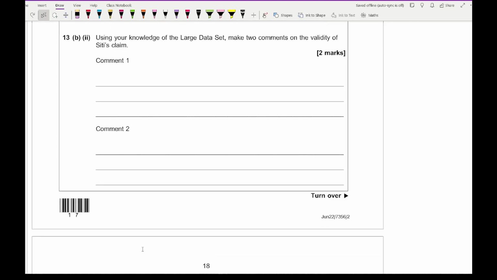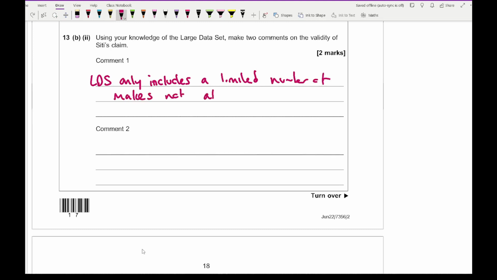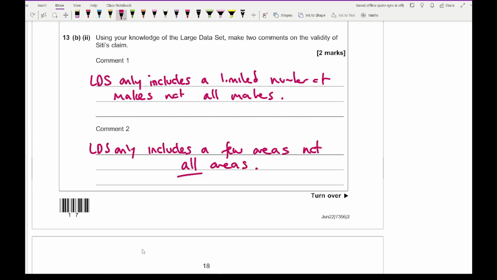Now again, there's a couple of answers you can give in terms of comparisons, depending on your memory of the large dataset, particularly this section, but something along the lines of a typical answer would be that the large dataset only includes a limited number of makes, not all makes, and the large dataset only includes a few areas, not all areas, which is what she initially claimed.